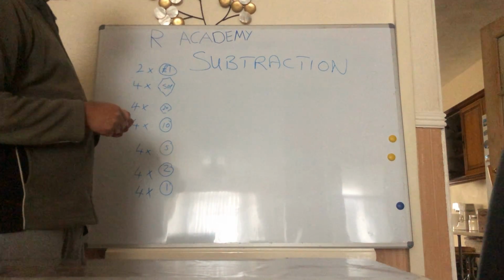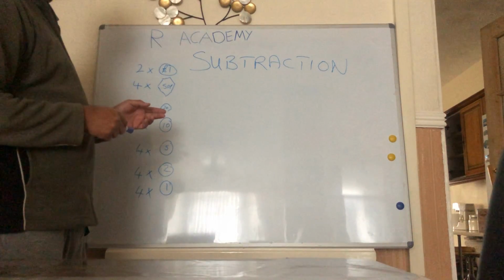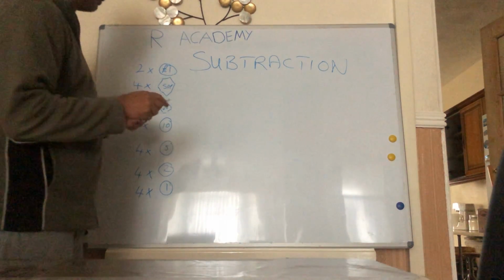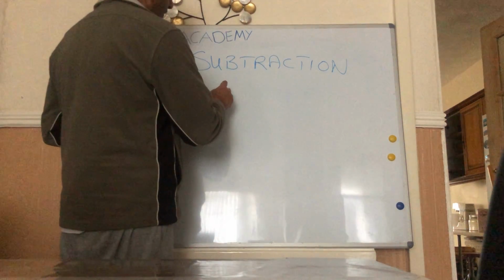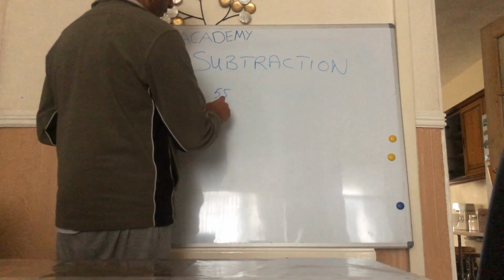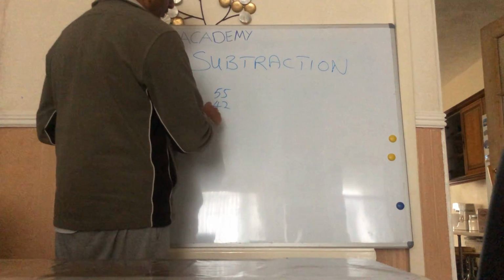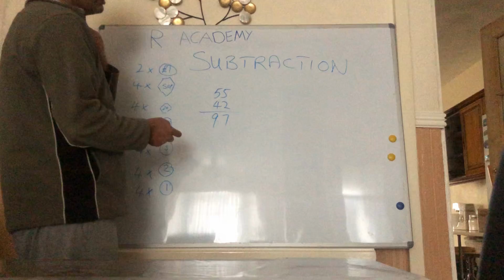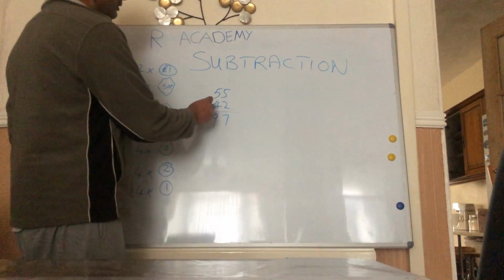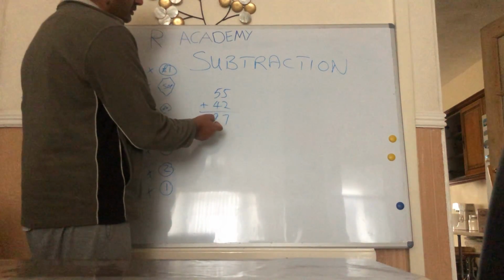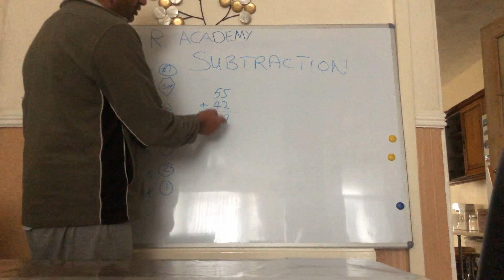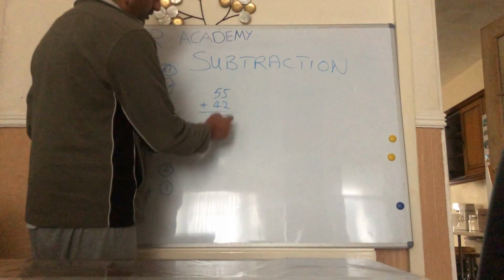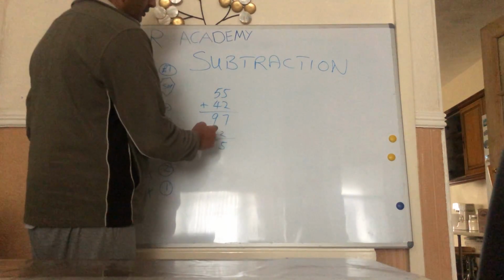So we covered this yesterday with addition. So if you add any number, so 55 plus 42 is 97. Okay, so if you minus 42 from 97, it should give you 55.